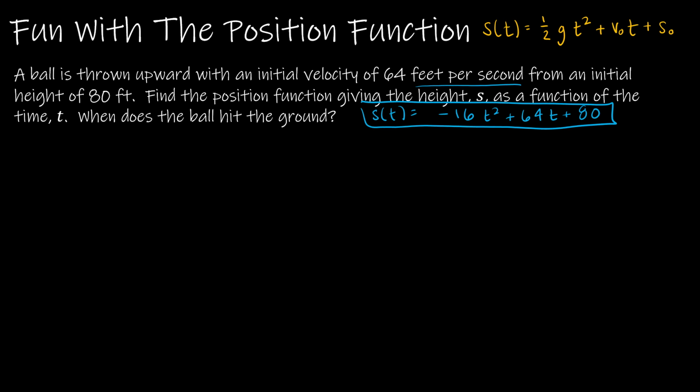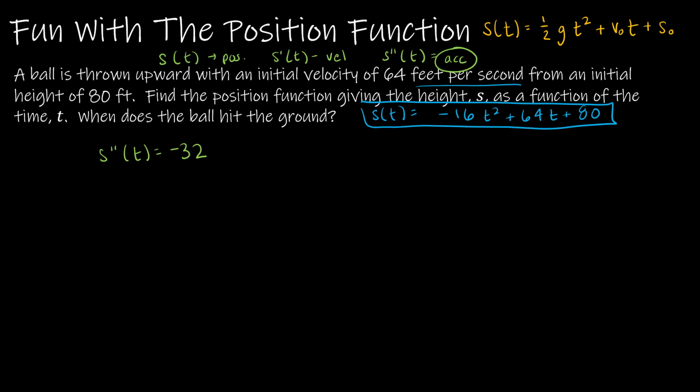So let's think about the fact that, remember that s of t is position, and then s prime of t was velocity, and s double prime of t was acceleration. So what I can say is s double prime of t is negative 32, because that's the acceleration due to gravity on Earth.